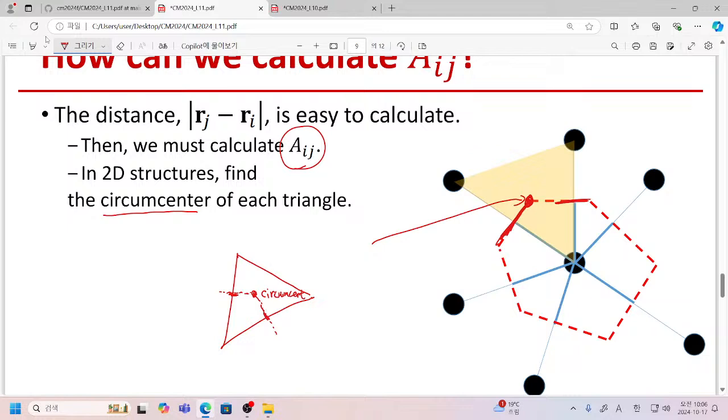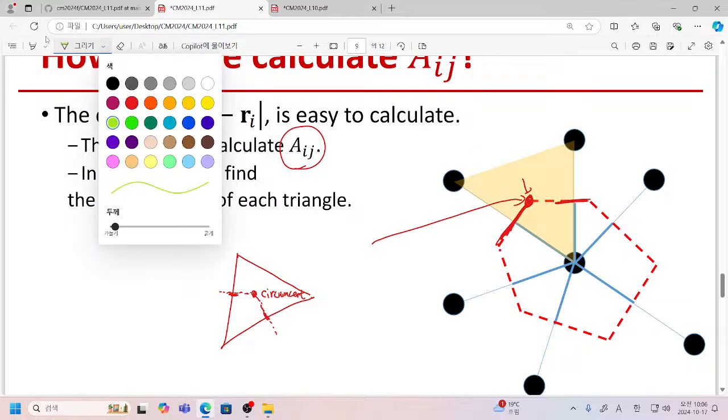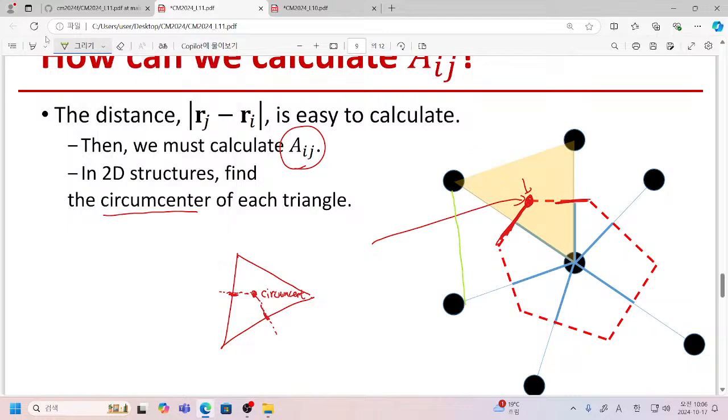You know it. So simply speaking, this is the circumcenter of this yellow triangle.